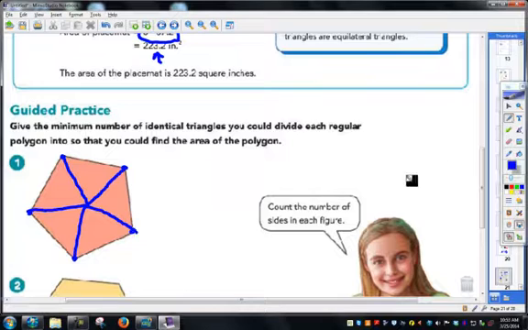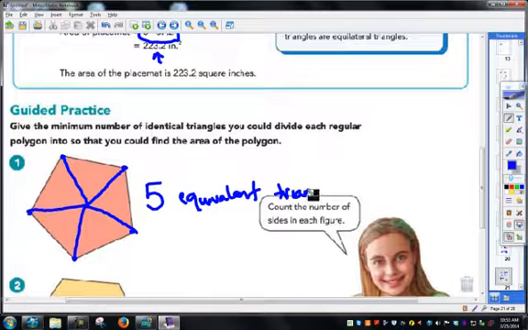And there's your 5. So the question is, how many equivalent triangles? 5 equivalent triangles. Okay, and I knew that because this has 5 sides, 5 vertices, therefore it has 5 congruent triangles.